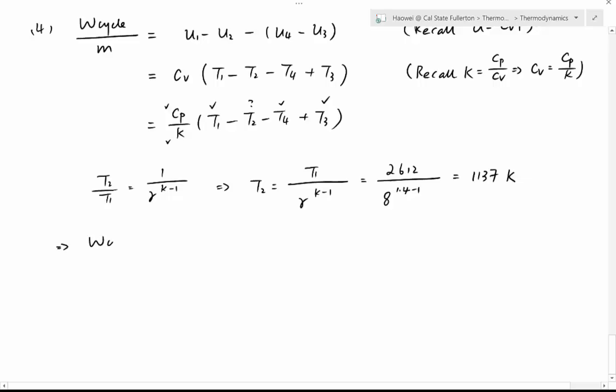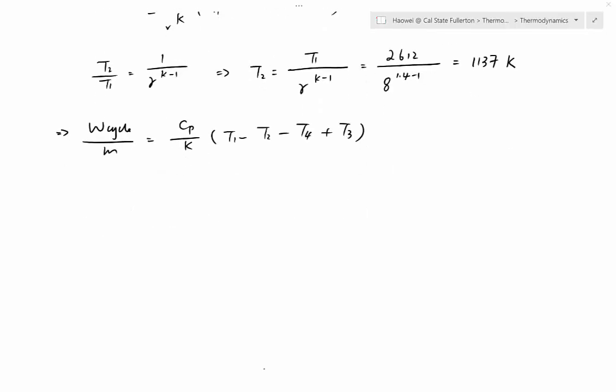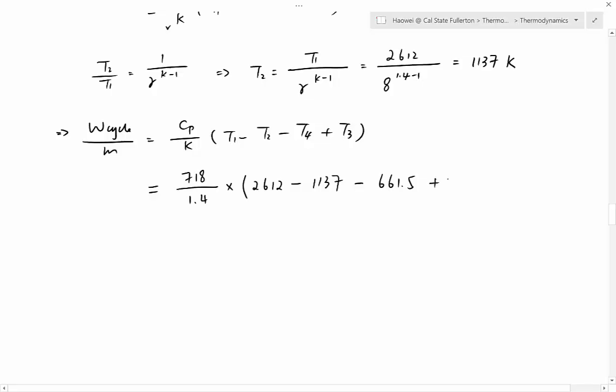I can easily find W cycle per unit mass. Plug in numbers. Cp is 718, K is 1.4, times T1 2612 minus T2 1137 minus T4 661.5 plus T3, 15 Celsius.